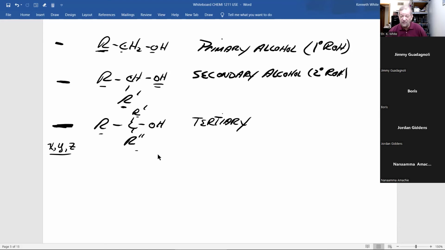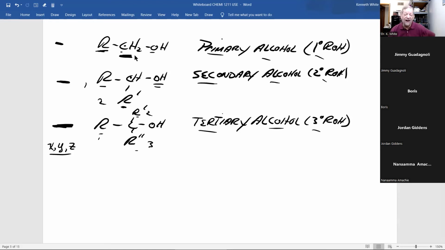It's got 3 R groups on the carbon with the hydroxyl. So 1 R group on the carbon with the hydroxyl group is a primary alcohol, 2 R groups is a secondary alcohol, and 3 R groups is a tertiary alcohol. And I'll never ask that on a test, but I'll use that terminology.